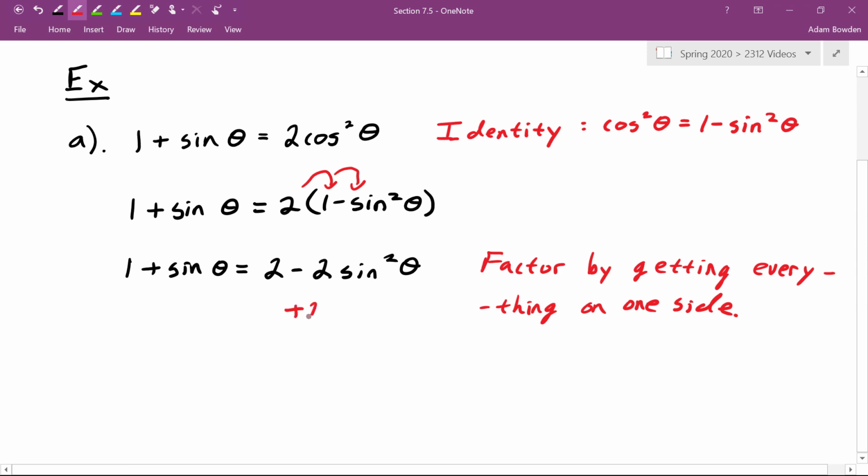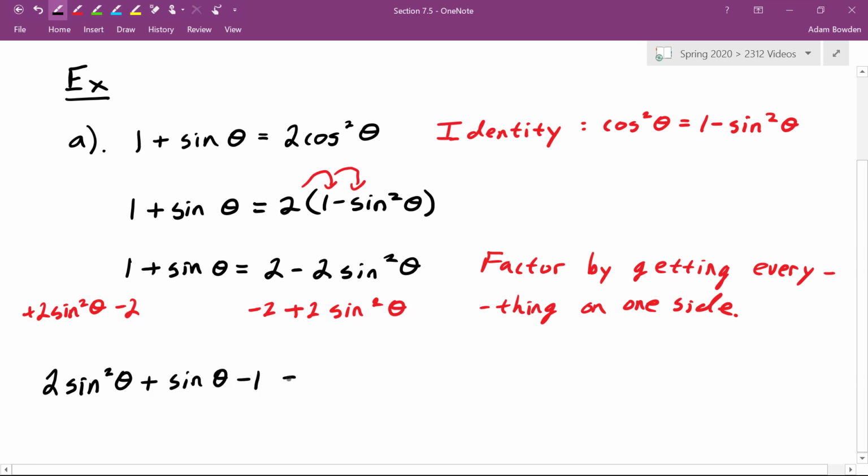So I'm going to add this 2 sine squared theta over to the other side. I'll also subtract the 2 from both sides, so that I'll change this into 2 sine squared theta plus sine theta minus 1 is equal to 0.